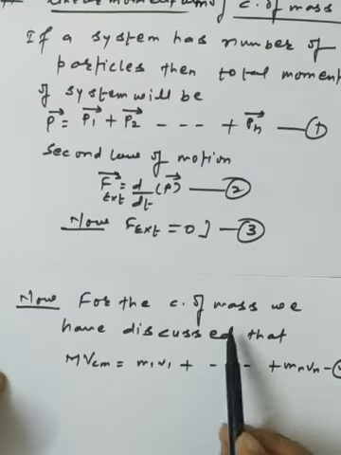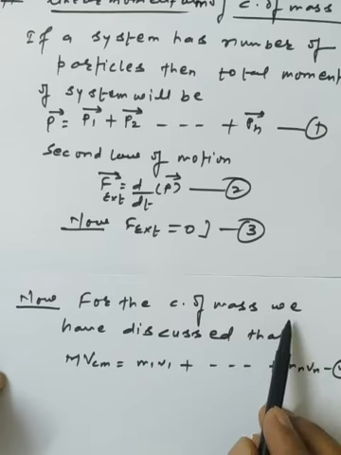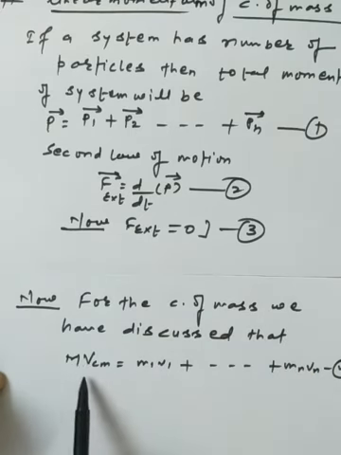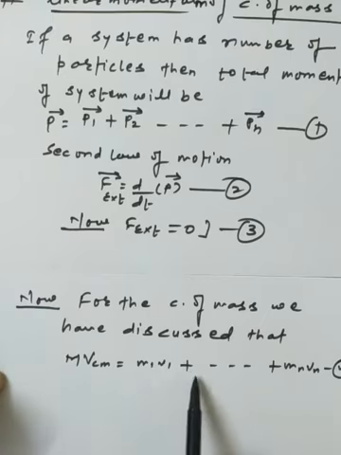Now, we have already discussed in the topic of center of mass that M times the velocity of the center of mass is equal to m1 v1 plus and so on up to mn vn.